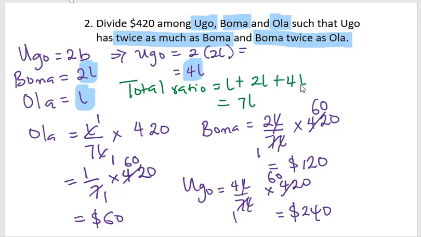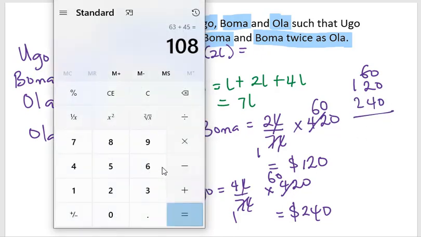But let's check to know if we got the right thing. Now their total share should be equal to 420. So let's check. Ola is 60, the next person is 120, the other person is 240. Let's add up and see. So we have 60 plus 120 plus 240.